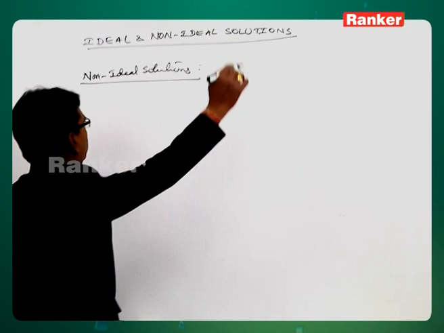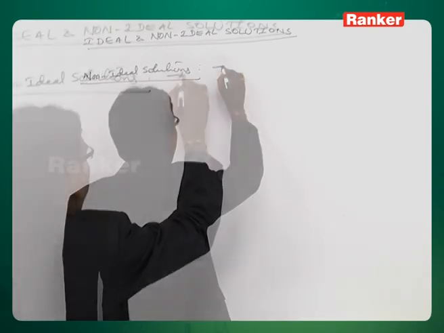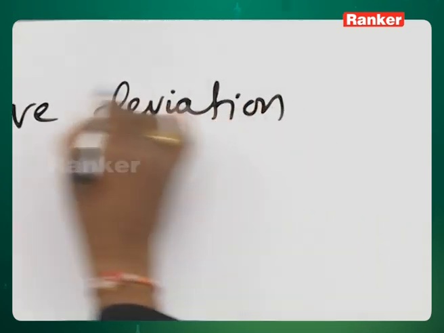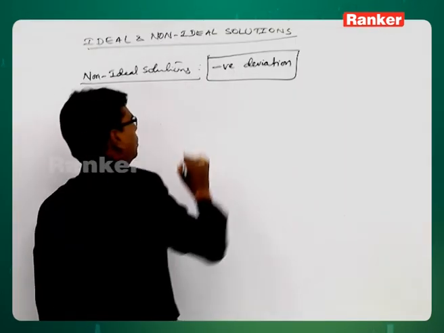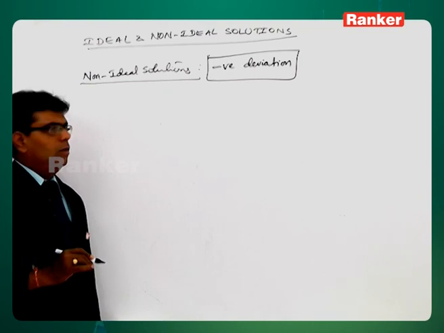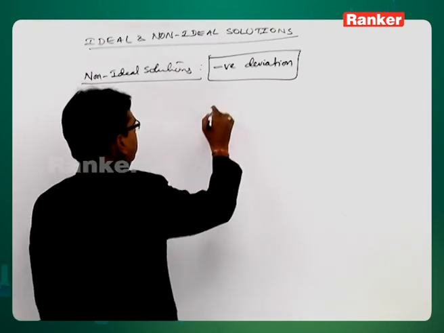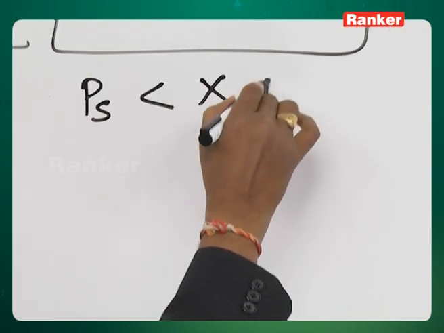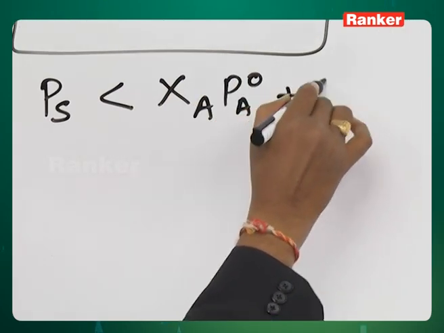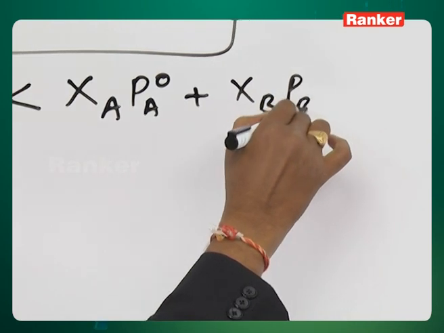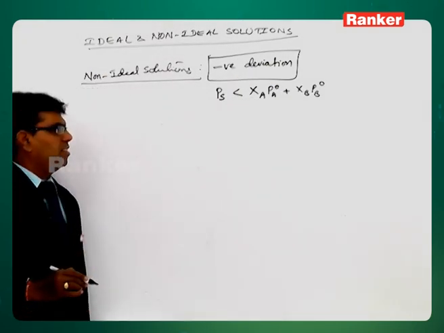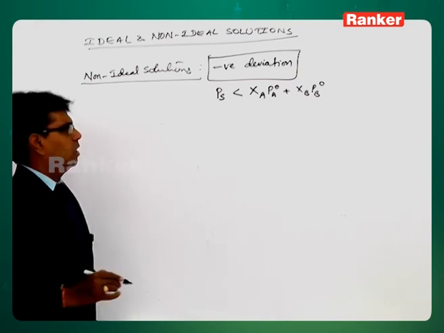Okay. Now, non-ideal solution with negative deviation. Non-ideal solution with negative deviation means PS is less than XA PA naught plus XB PB naught.